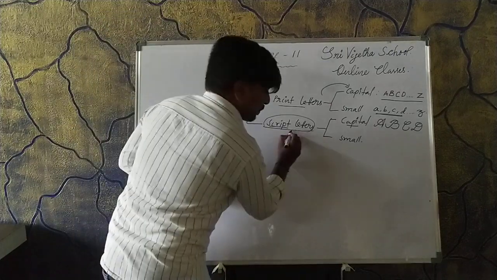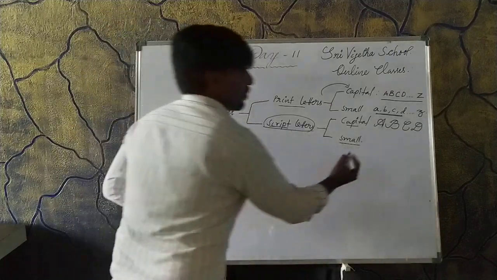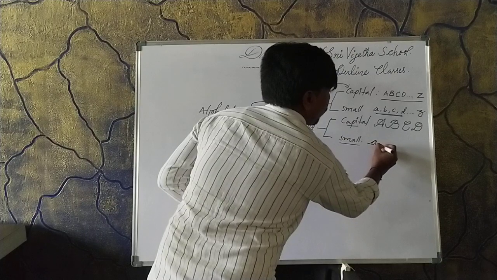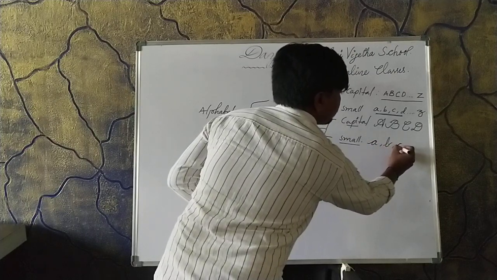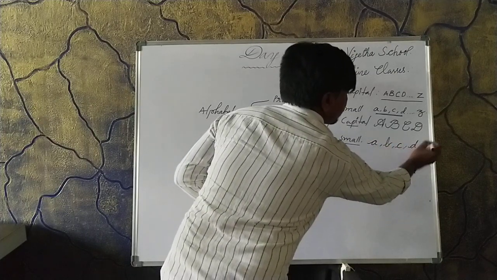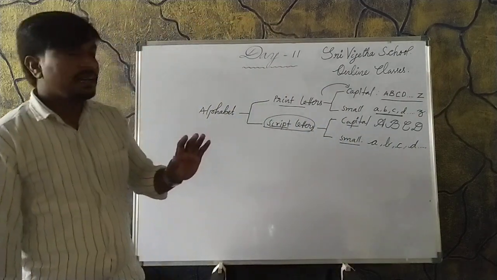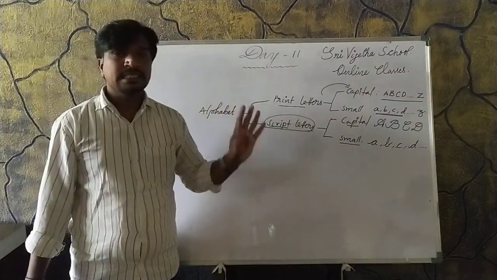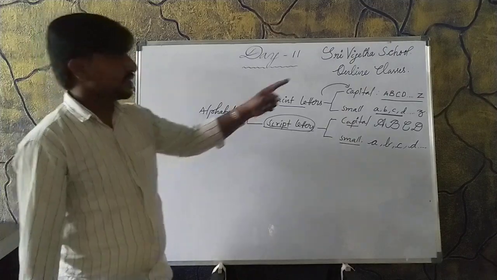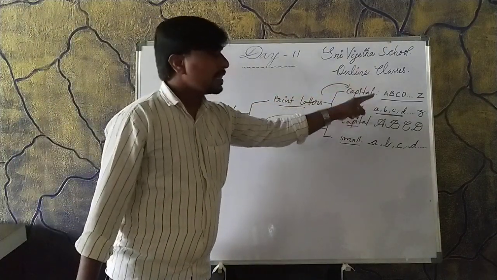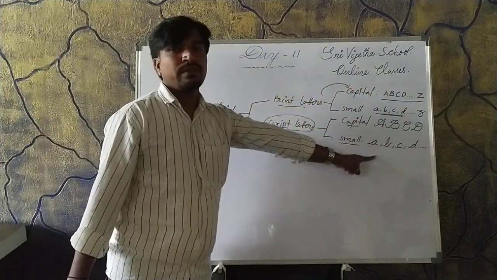And script small letters, look here. So there are four types of letters in English: the first, second, third, and fourth.